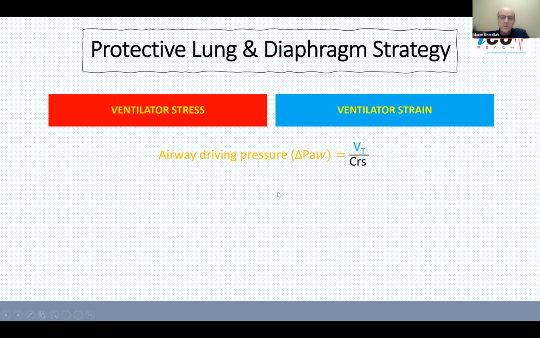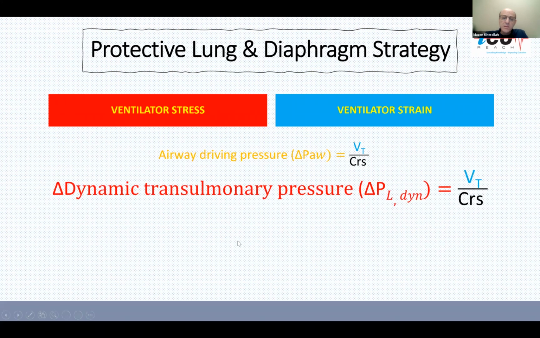And the formula that you should all be aware of is that the driving pressure is related to the tidal volume that we put on the ventilator and to the compliance of the respiratory system. If the compliance is low, you need too much pressure to get the volume in. And it's better to talk about the dynamic transpulmonary pressure, and we'll explain this in the next few slides.